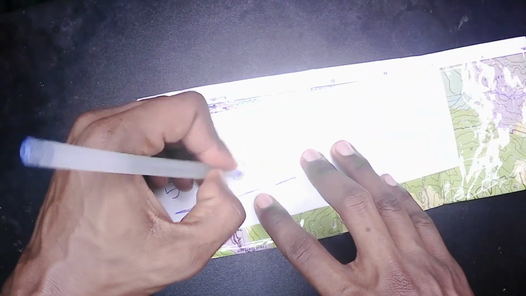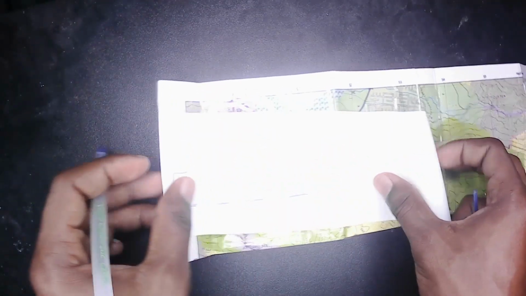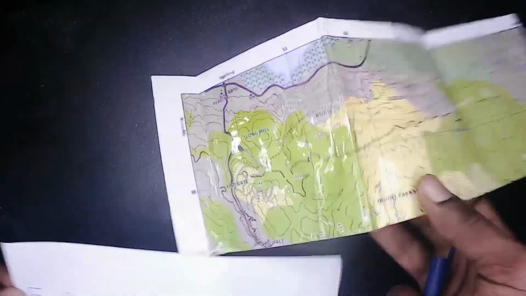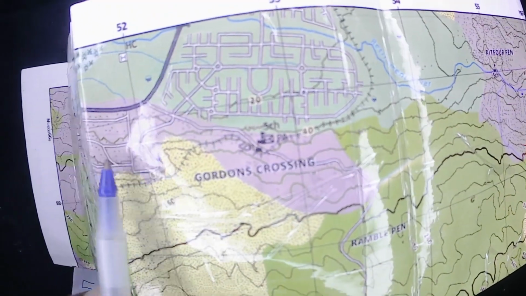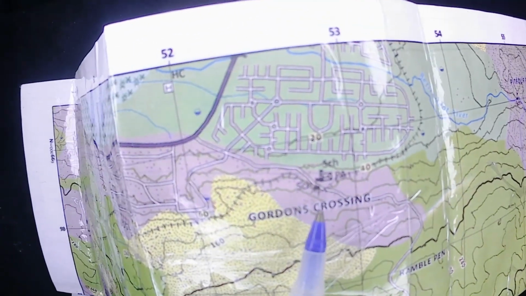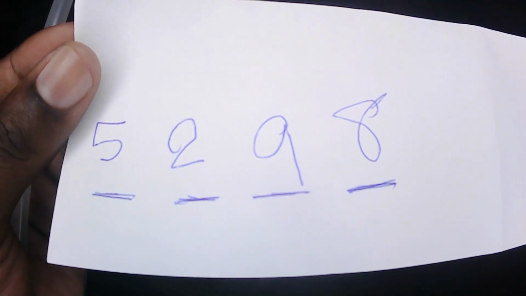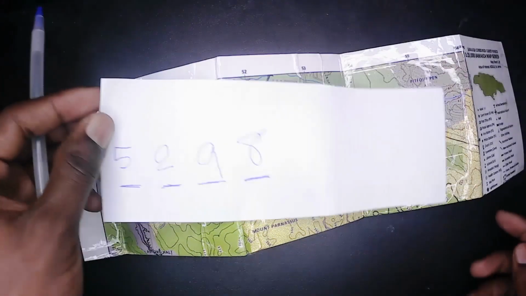So 9, 8. Hence, the grid reference for the school in Gordon's Crossing is 52, 98.